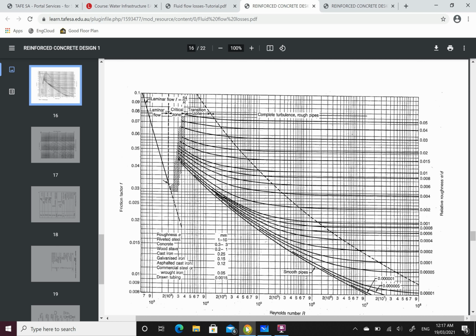We have calculated our Reynolds number, which is 1.39 by 10 to the 5. So over here somewhere, we know it's a smooth pipe. So I can come up in here to where my smooth pipes are, and come across. Reading off this, it's just under 0.17.